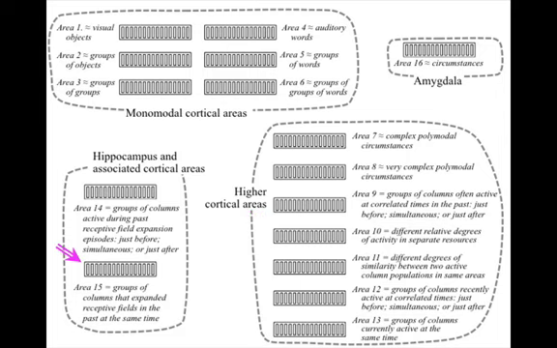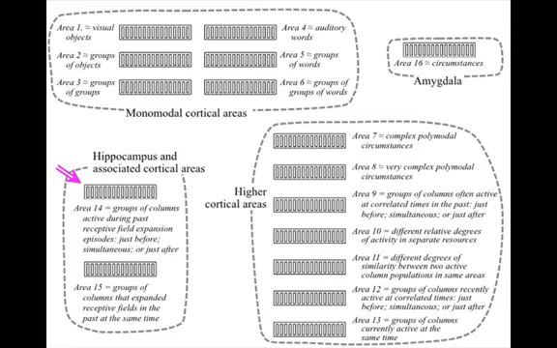This type of area has receptive fields corresponding with groups of columns in other areas that expanded their receptive fields at the same time. And this type of area is critical for recommending changes to receptive fields in other areas. In practice, there are three separate areas, the entorhinal, parahippocampal and perirhinal cortices, which are just simplified to one in this architecture.